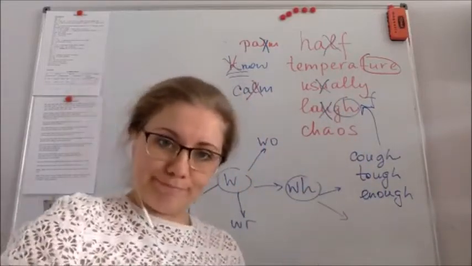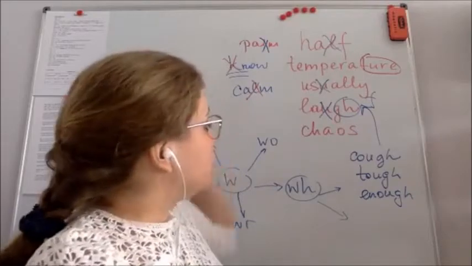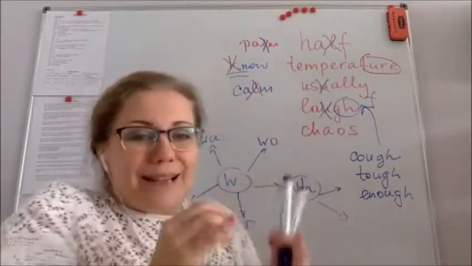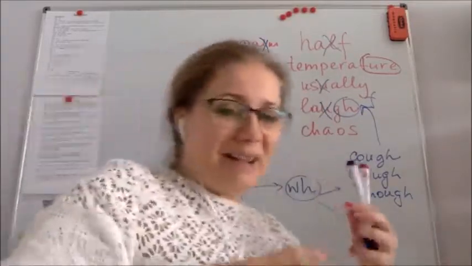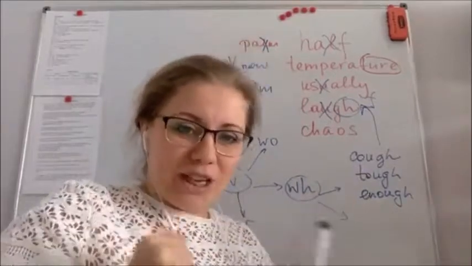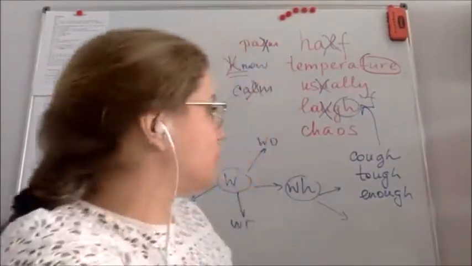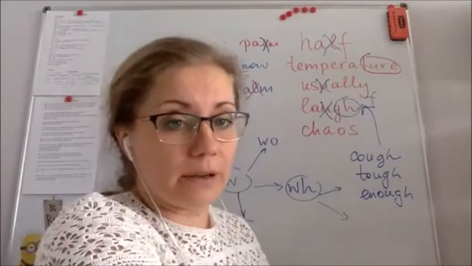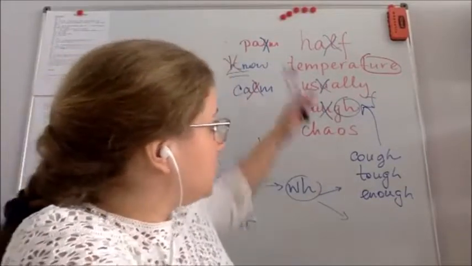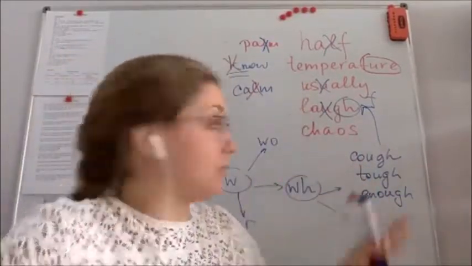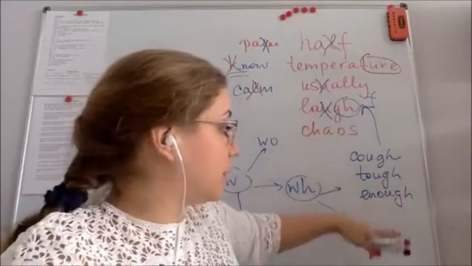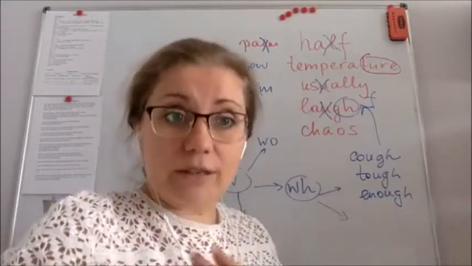So you say laugh, okay? And there are some small rules about GH. I'm working on myself to start to go deep into this topic and to write you an article about it. But generally, let's make baby steps. So laugh, cough, tough, enough, and this is just F.